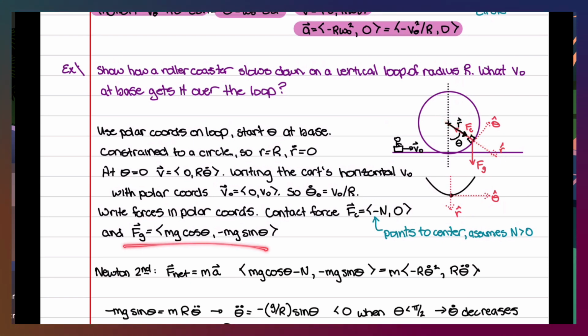And then gravity, which points straight down, I can decompose into the radial component and the theta component. And since the positive directions are this way, it looks like gravity has a positive radial component and a negative theta component. So that's where these come from.